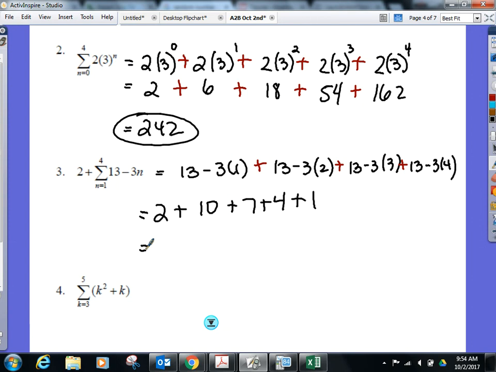And are we getting, just to get going, 24? Remember, if you got 22, you got to add that 2 on at the end. Okay, so hopefully you're getting 24 at the end.